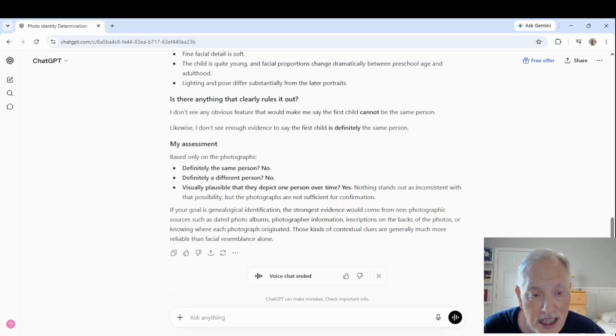And then it went on to say, if your goal is genealogical identification, the strongest evidence would come from non-photographic sources such as the dated photo albums, photographer information, inscriptions on the backs of the photos, or knowing where each photograph originated. Those kinds of contextual clues are generally much more reliable than facial resemblance alone.